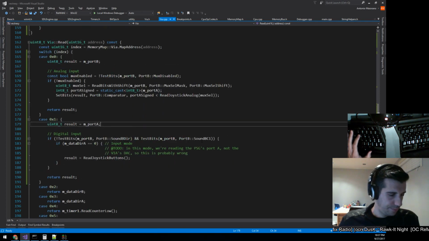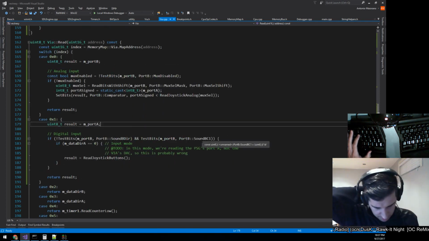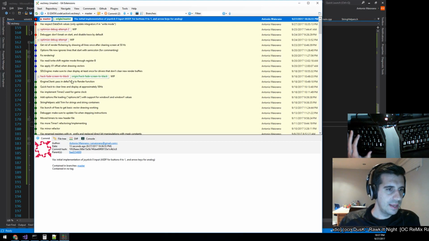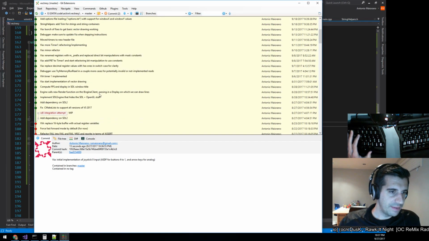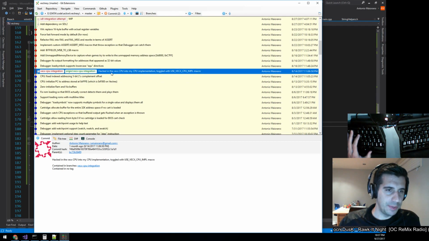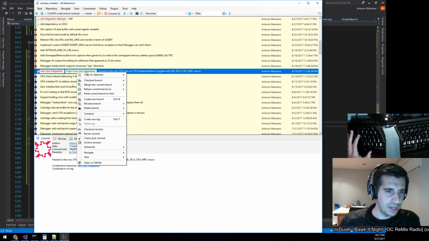Okay, so what did I want to check? Yeah, so one thing I wanted to try is something I've done in a previous stream: I have this Vectrex CPU integration, right? I'm just gonna cherry pick this.